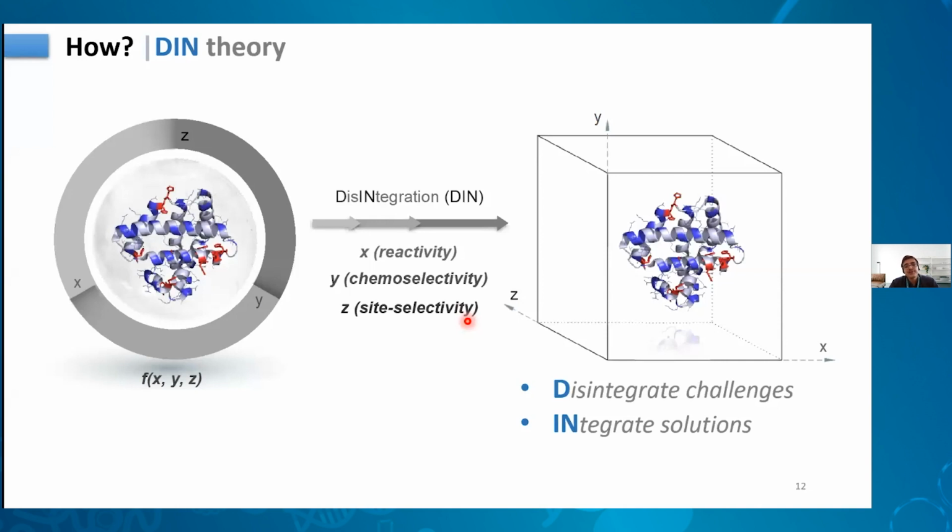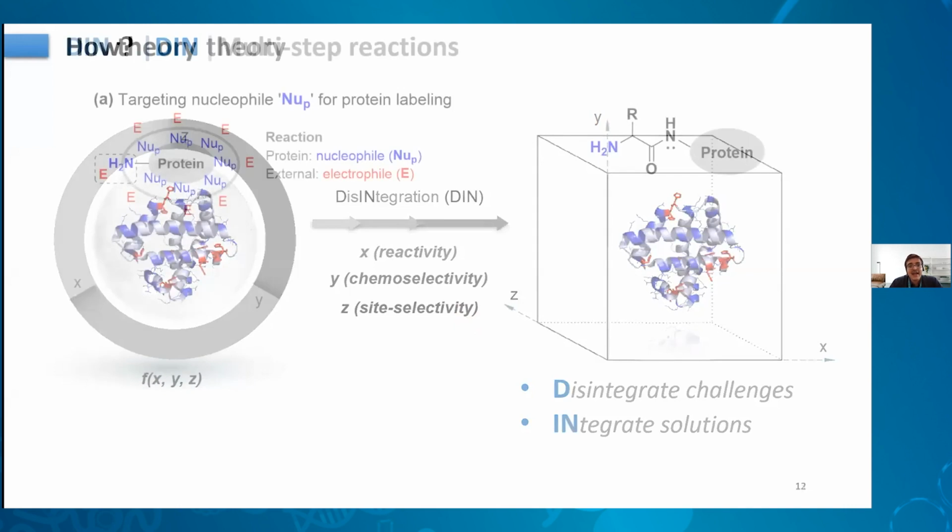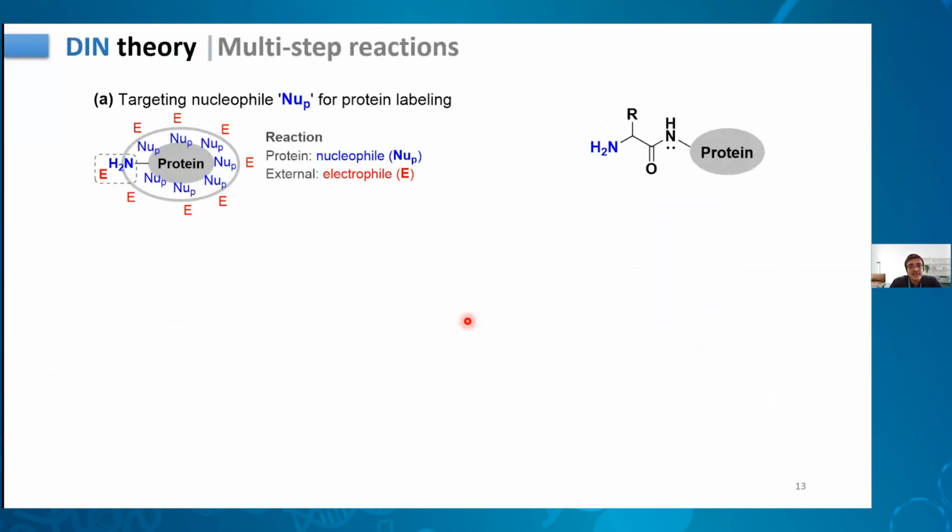So just to give you a perspective of how this DIN theory works, if we add an electrophile to the protein, let's say in this case, for the N-terminus modification that I discussed, that single step had to take care of both chemoselectivity and site selectivity. And that was a bit tricky.